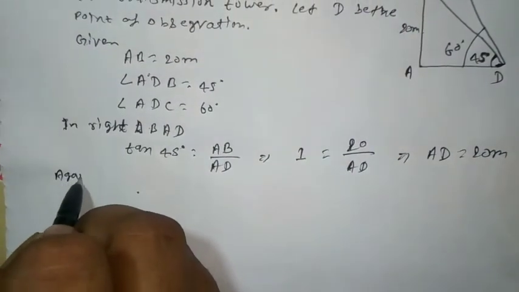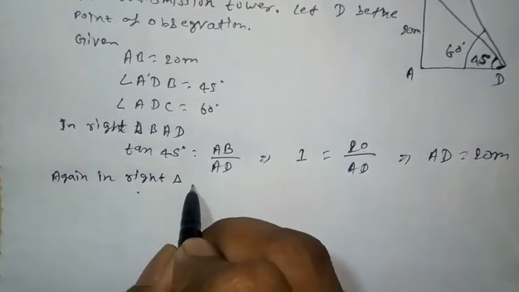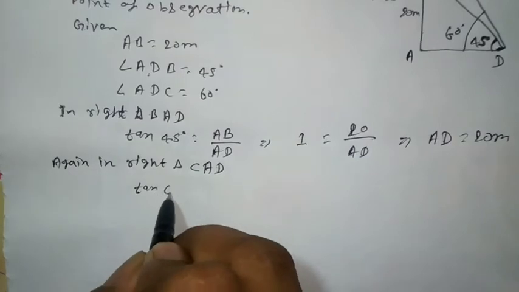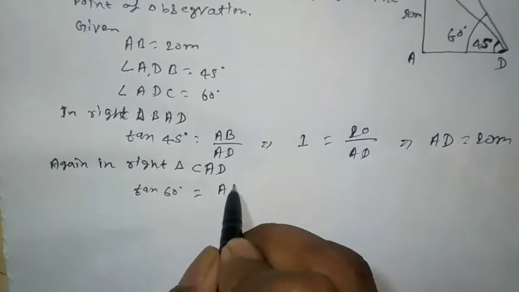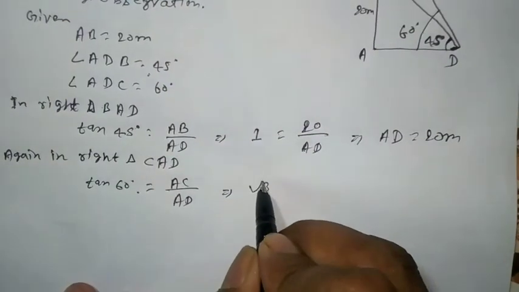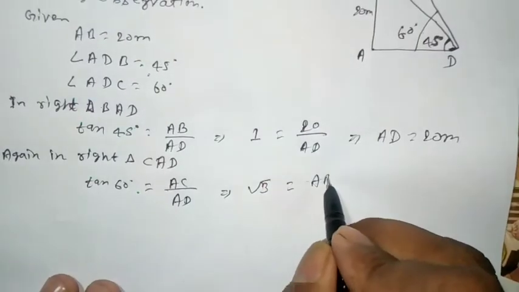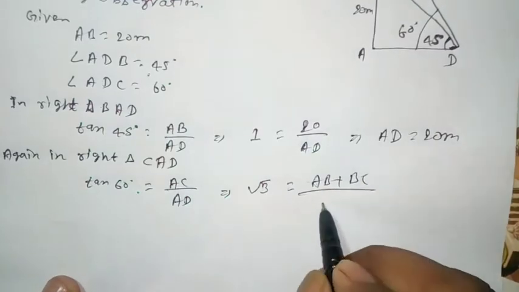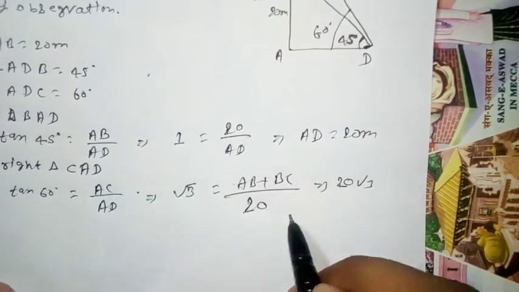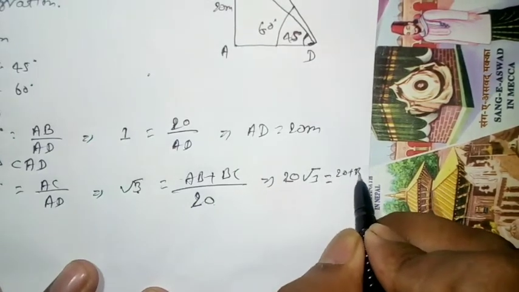Again, in right triangle CAD, tan 60 degrees is equal to AC by AD, which implies the value of tan 60 degrees is root 3, equal to AB plus BC by AD, which is 20. This implies 20 root 3 is equal to 20 plus BC.